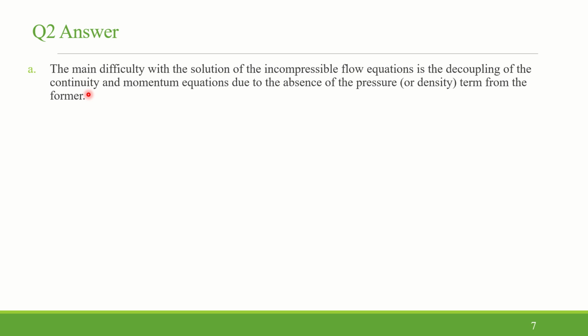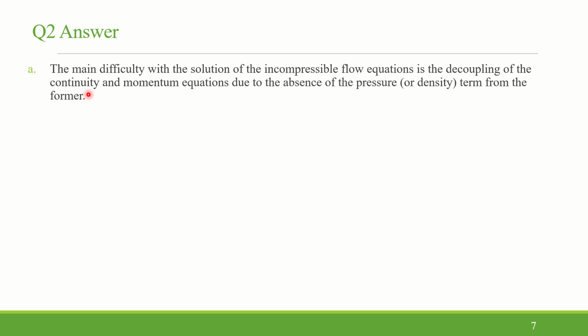We are not keeping density constant. Density is constant, so it is not varying. So only velocity is varying. So del dot u equal to 0 is the continuity equation for the incompressible flow systems. So if we look at the continuity equation, there is no pressure or density present in the system. Whereas in the momentum conservation equation, we have additional terms.